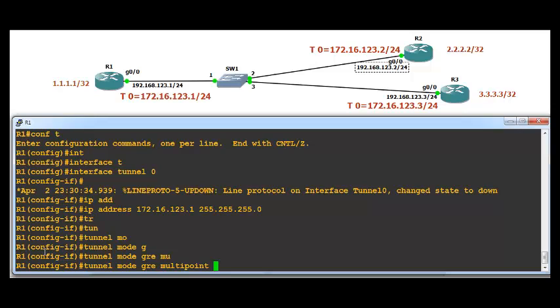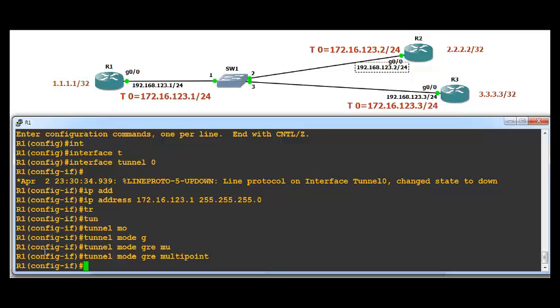If you do not say tunnel mode GRE multipoint, it will be like tunnel mode GRE only. It will be a normal GRE tunnel, static tunnel, point-to-point tunnel. It won't be a dynamic tunnel. So when you say tunnel mode GRE multipoint, you are enabling DMVPN. Done.